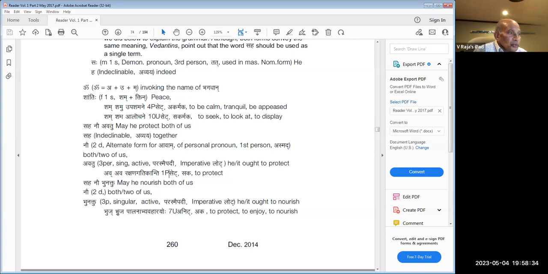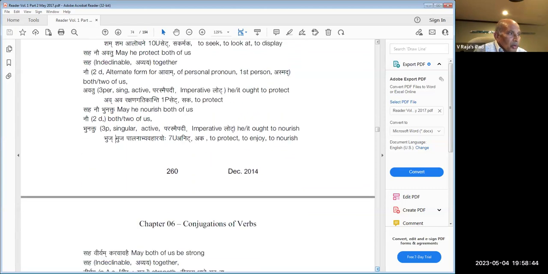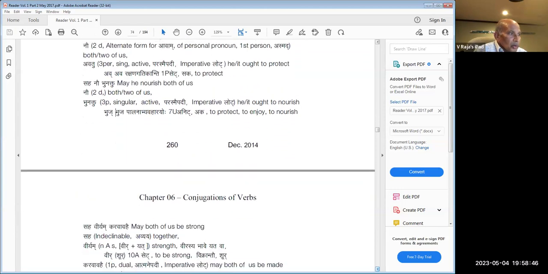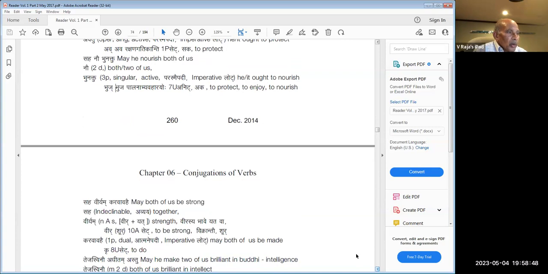So bhuj plus tu, and when you get its gana vikarana, it becomes bhunaj. The jakara becomes kakara, because tu is a hard letter, so the jakara first becomes a gakara.